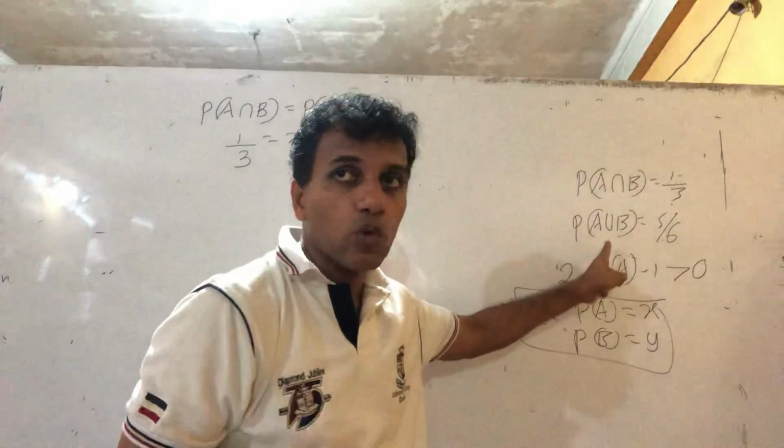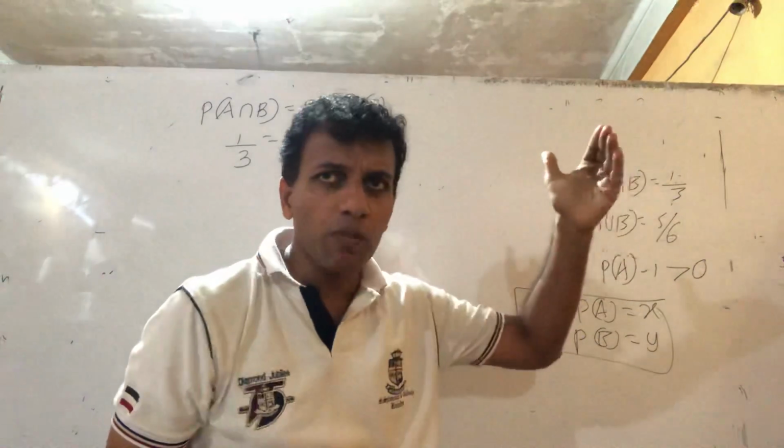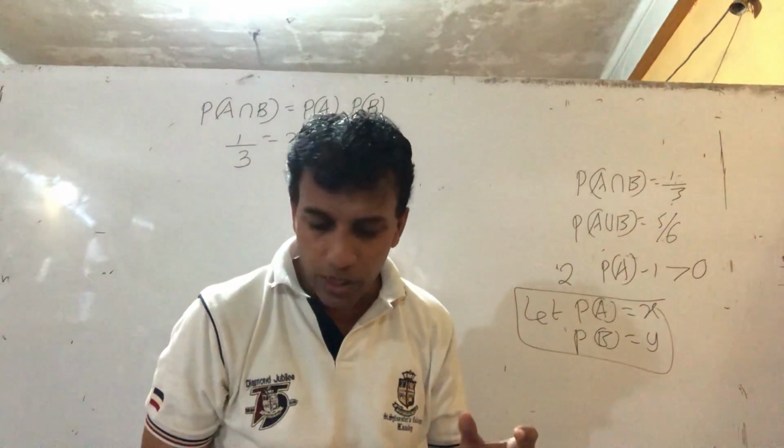Build up another equation for the second. What is A union B equal to?